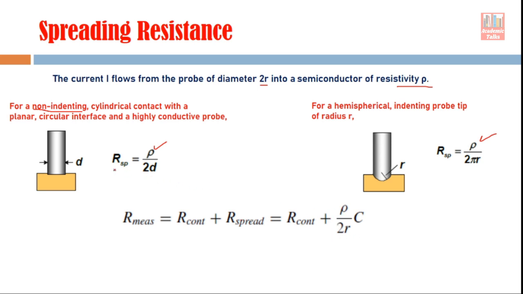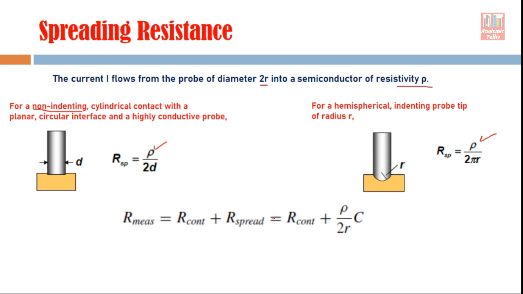We don't know this case or this case, but for both these cases it's rho, and it's inversely proportional to the radius, right? So we can write it something like this. What is C? C is the correction factor. The correction factor depends on many factors, but again I am telling you that we are not going to discuss correction factors for the spreading resistance measurement, right?